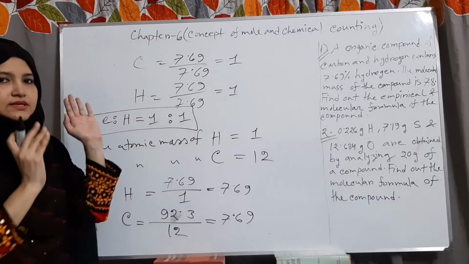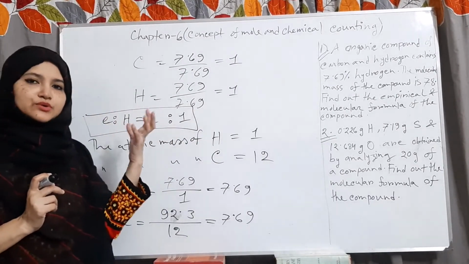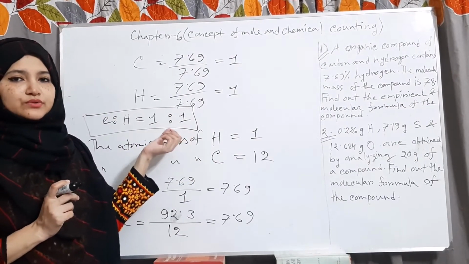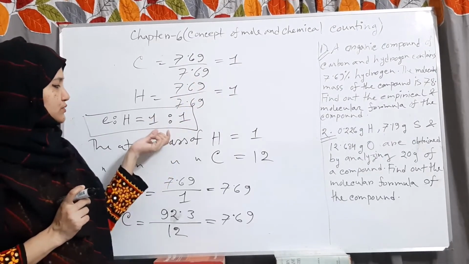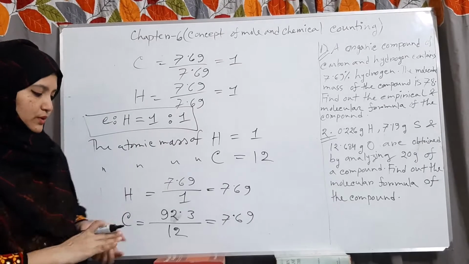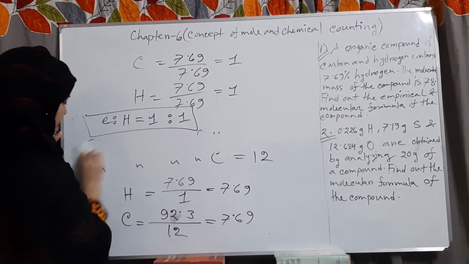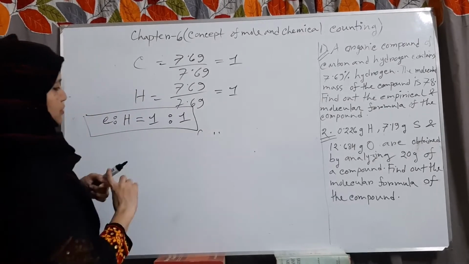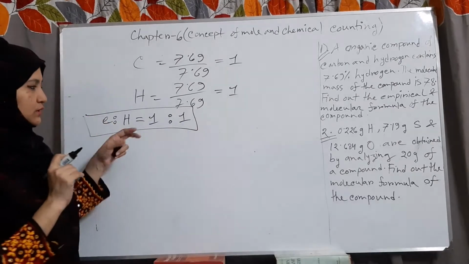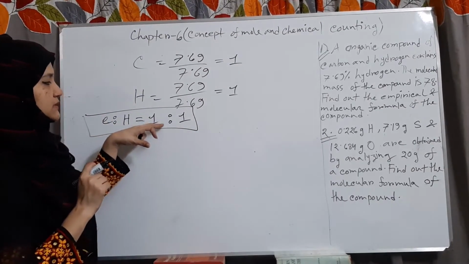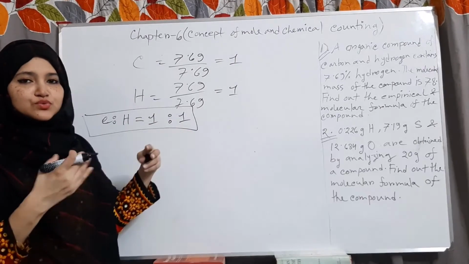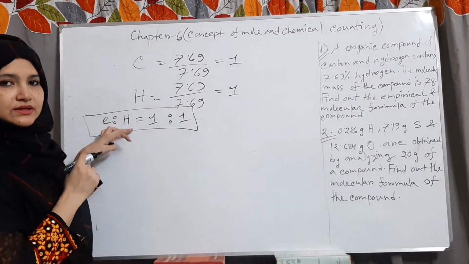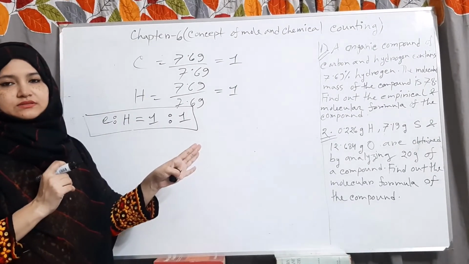This ratio shows us the simplest ratio, and now we have to write the empirical formula of that compound based on this ratio. The next step is to write these numbers with the symbols, carbon and hydrogen, as subscripts at the right side.